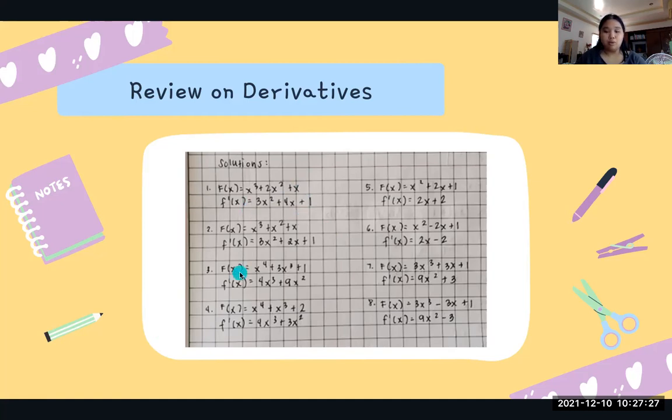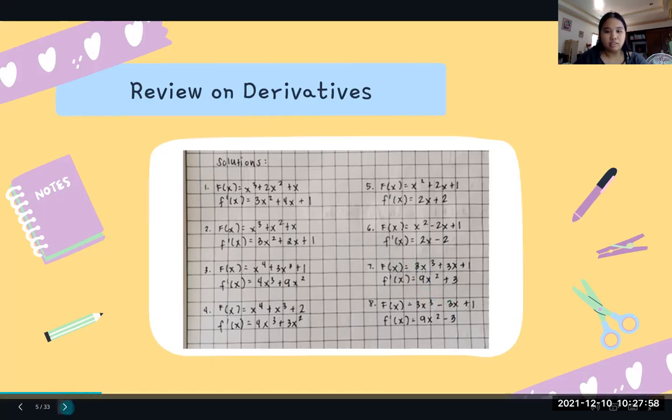It goes the same with the other numbers, but in this one we remember rule number 3, where we multiply the exponent to the constant of that variable. Here we have 3 times 3, so we have 9x squared.